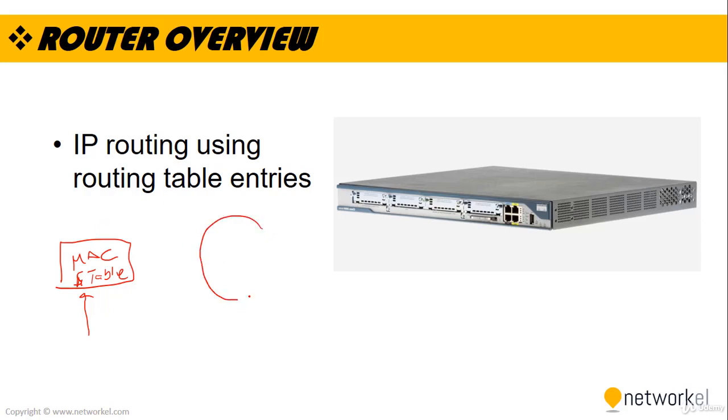But what routers do is keep a routing table this time, which consists of IP address entries, and routers do IP routing by using the IP addresses kept in the routing table.